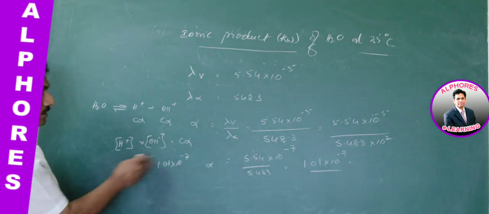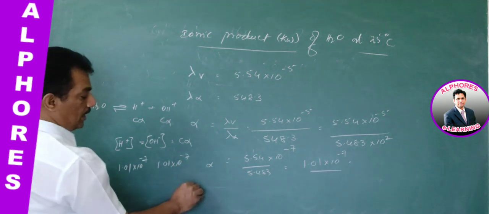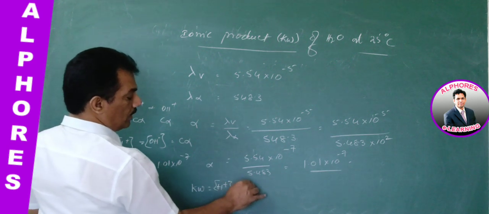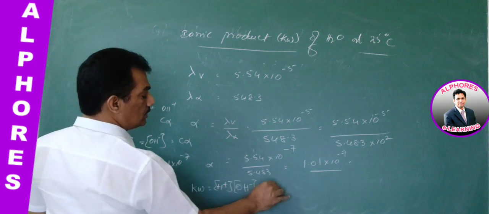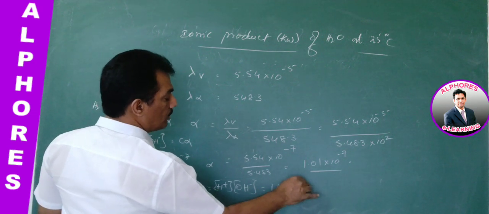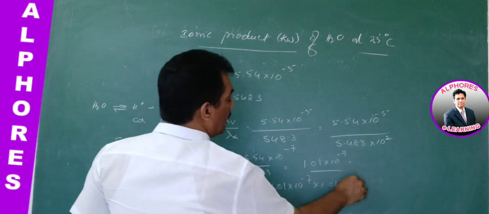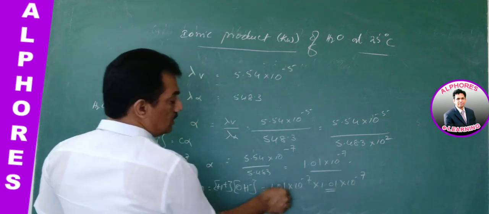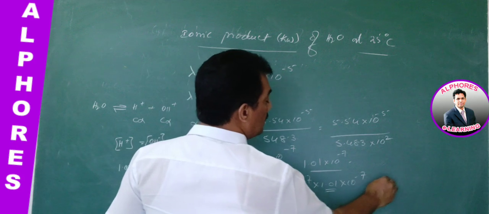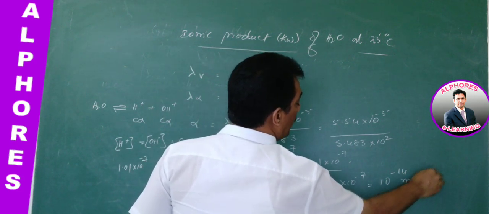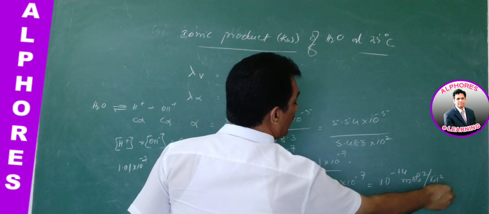And now when we get these two values, Kw is nothing but H plus concentration into OH minus ion concentration, that is 1.01 into 10 to the power of minus 7 into 1.01 into 10 to the power of minus 7. We approximately round this off, and thereby we get 10 to the power of minus 14 mole squared per liter squared.